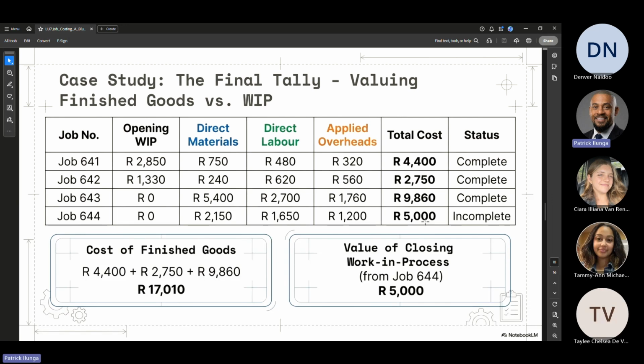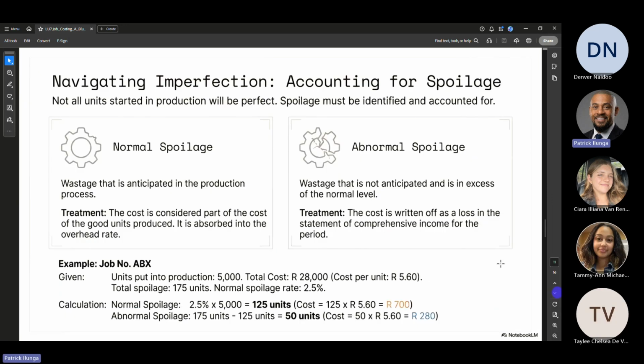What comes next after the completion phase? Advanced learners, what comes next after the finished goods? Sales. We are dealing with sales. Sales, yes, Denver. Right. Okay.